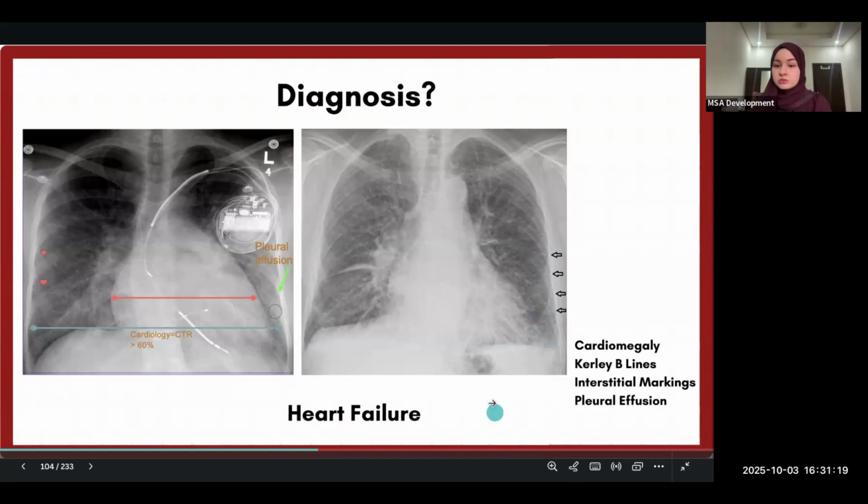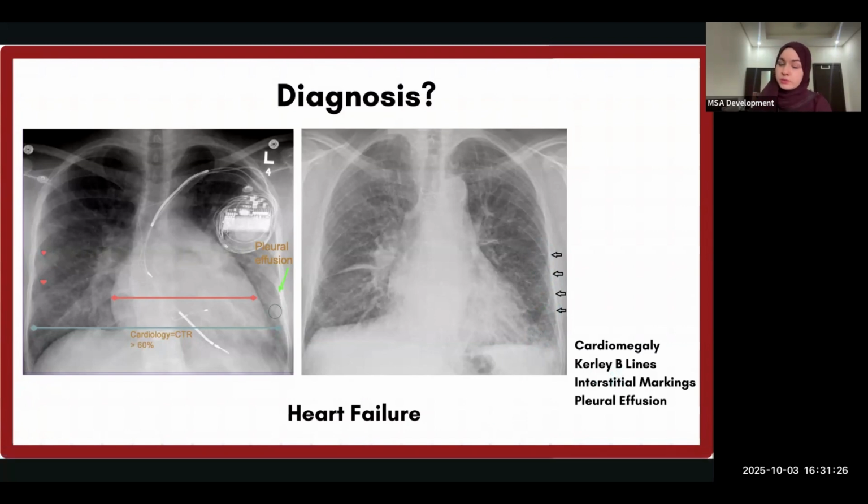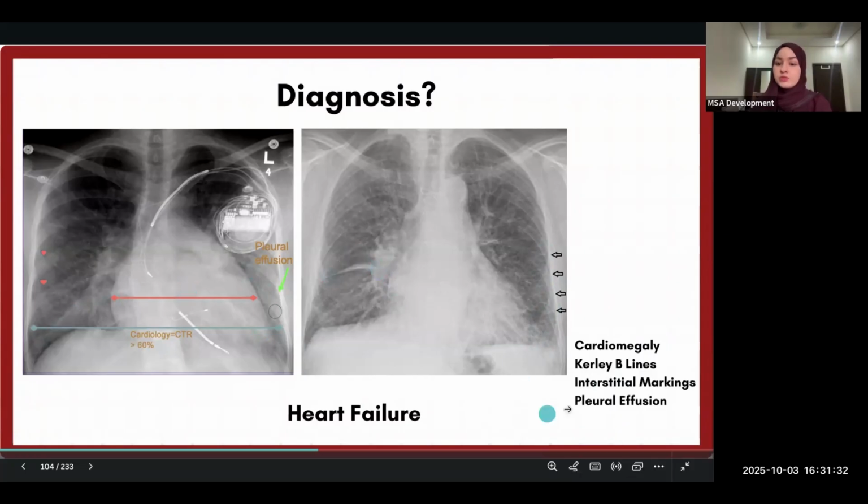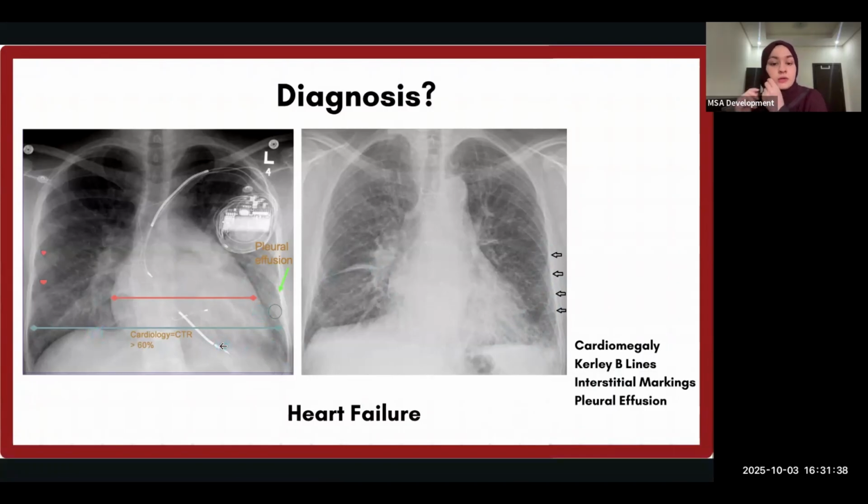You can also have interstitial markings, which is basically from blood pooling into the pulmonary vasculature. So you have markings such as these, and then you can have pleural effusion here too, any fluid that's surrounding. So yeah, this is heart failure.